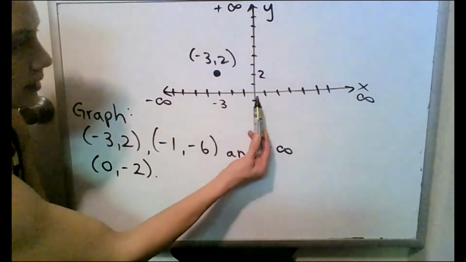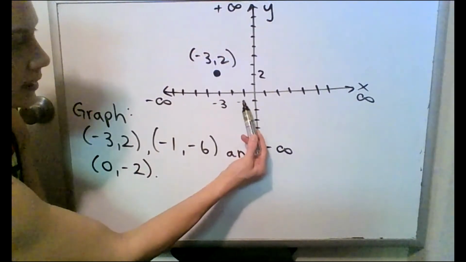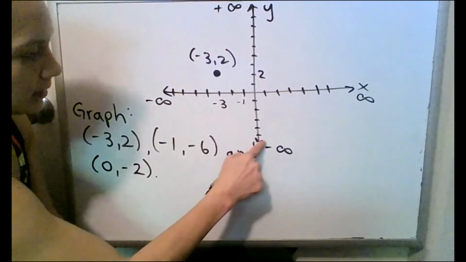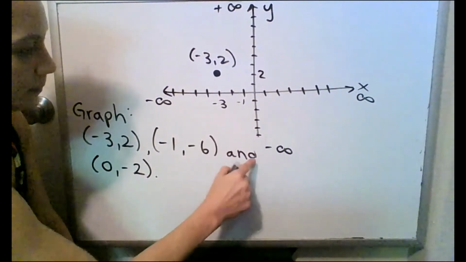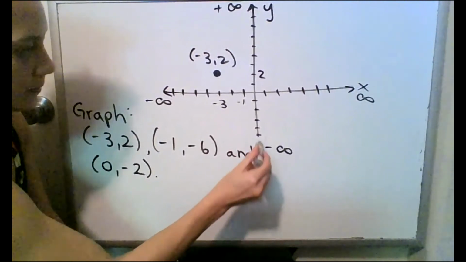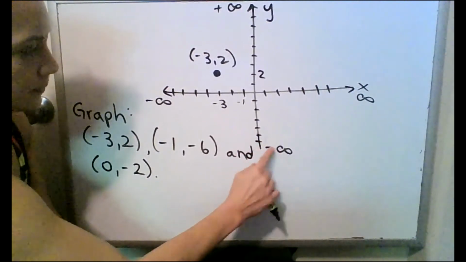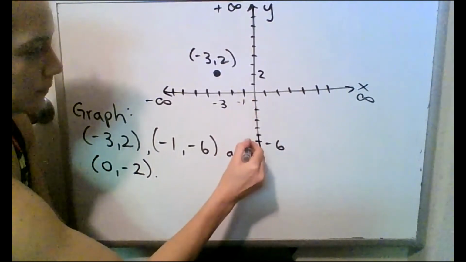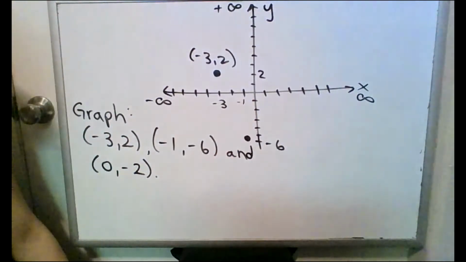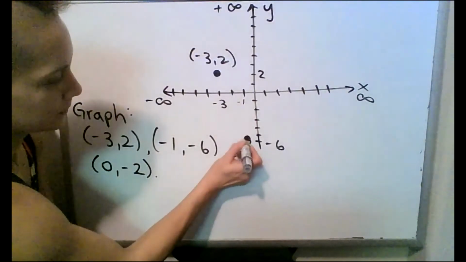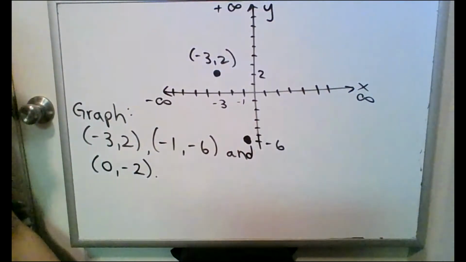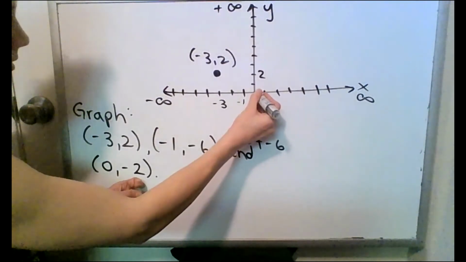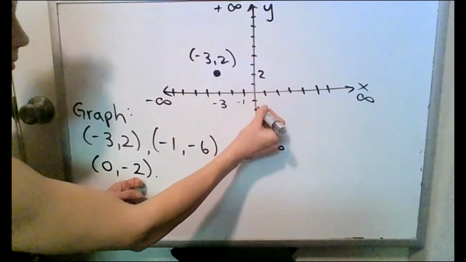So we're going to go here to -1 for x, down to -6. And the last one is (0, -2). So 0 for x, you're sitting right here, and then down to the y.